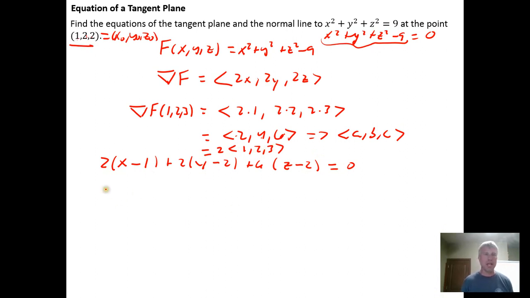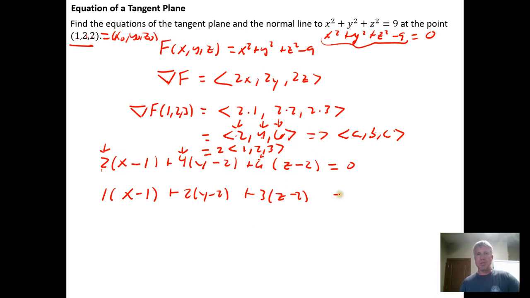I could go 1 times x minus x naught plus, I did 2, 2, that should have been a 4 right there. That's a mistake. This should be 2, 4, and 6 coming from my vector 2, 4, and 6. Those are my A, my B, my C in the plane formula. And so when I factor off the 2, I get 2 times y minus 2 plus 3 times z minus 2 also needs to equal 0.